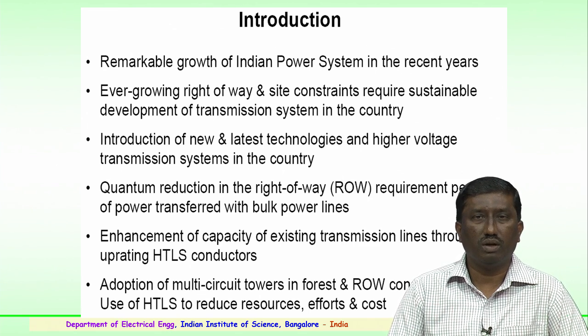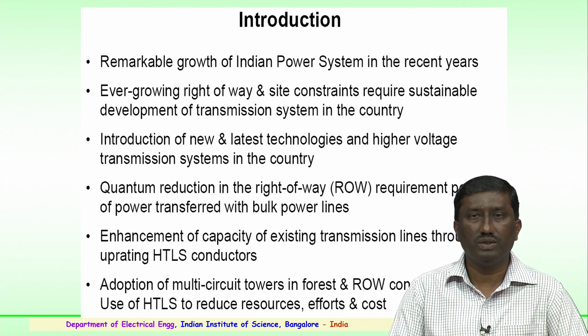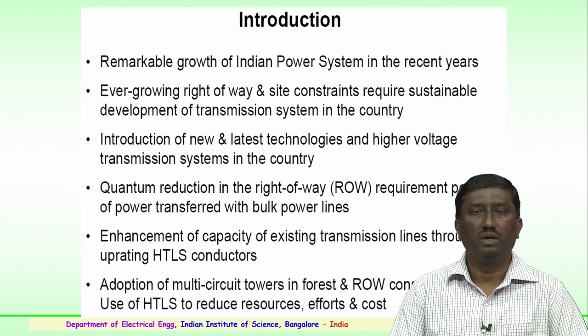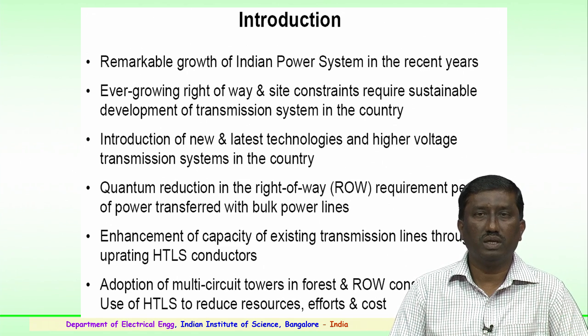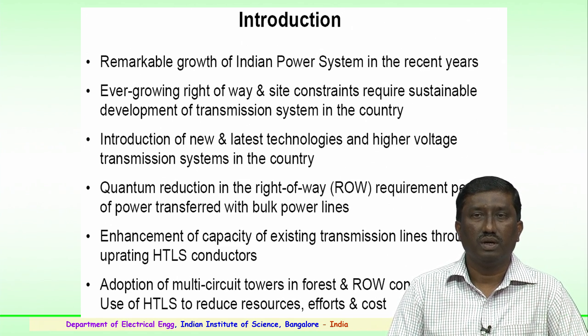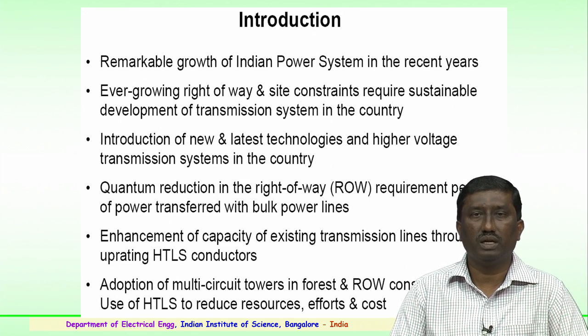With the ever growing right of way, a very important aspect to be considered for the design of towers for UHV transmission, and with available site constraints, sustainable development is required, particularly in the transmission system in our country.